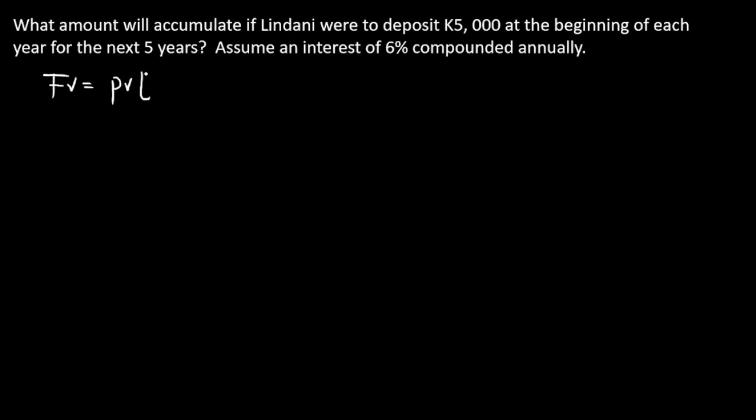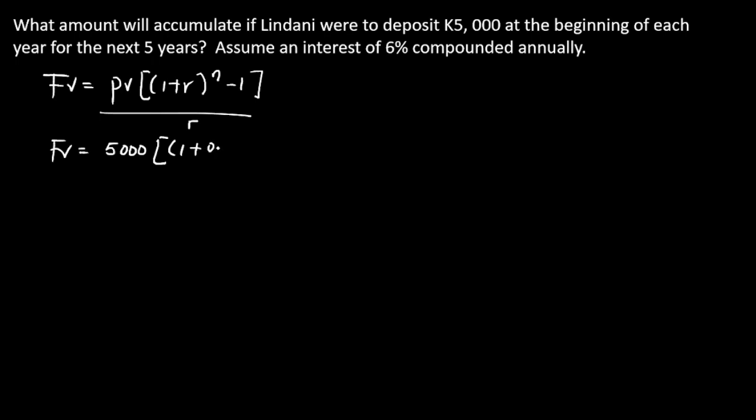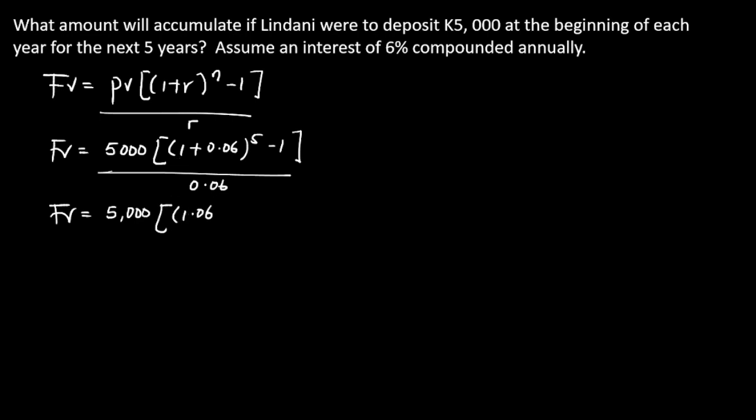Future value is the present value, 5,000, times 1 plus 0.06 to the power 5 minus 1, over 0.06.